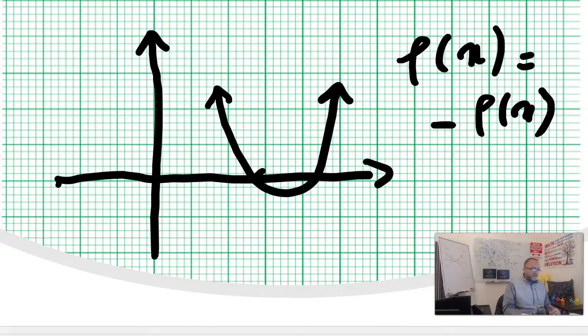The reflection looks like this. So when it's equal to minus f of x, minus the whole graph, this is a reflection over the x-axis.